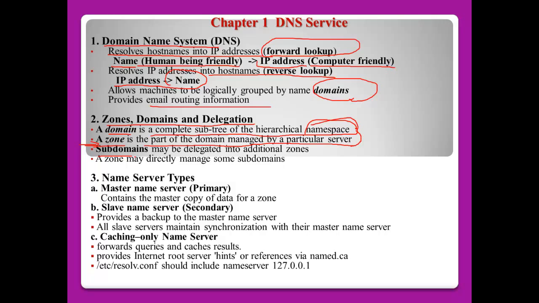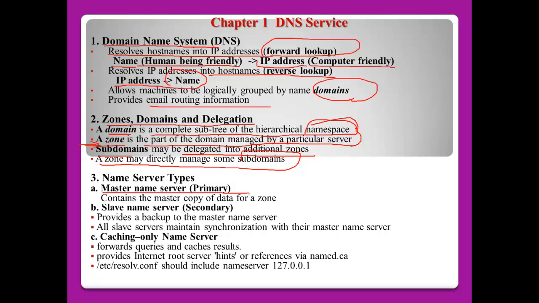And the subdomains may be delegated into additional zones. So if we have one zone, then this zone can create subdomains, and each subdomain can be delegated by the name servers.